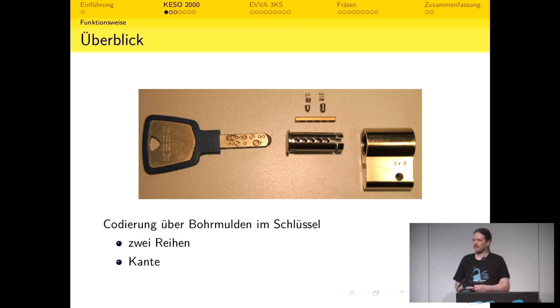The first is that it's easy to patent, so it's legal copy protection. If I build something into my key that I have a patent on, nobody else is allowed to copy it. Sometimes patents expire, and then of course blanks can be produced.